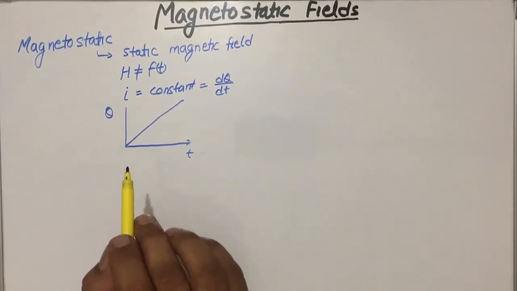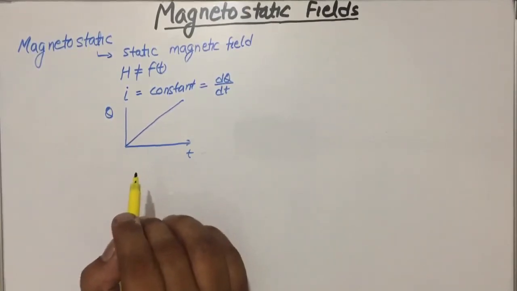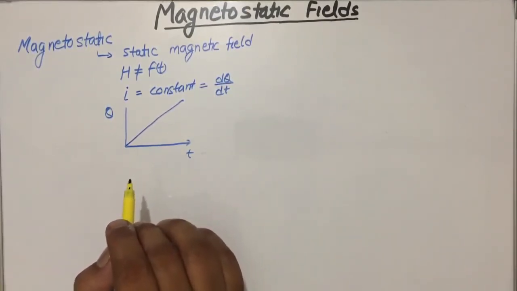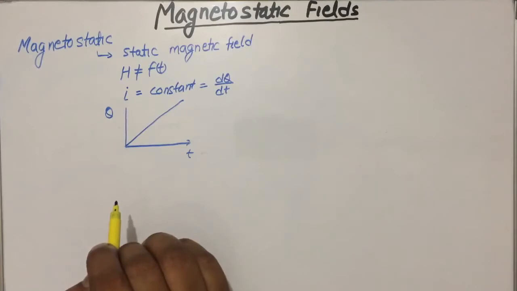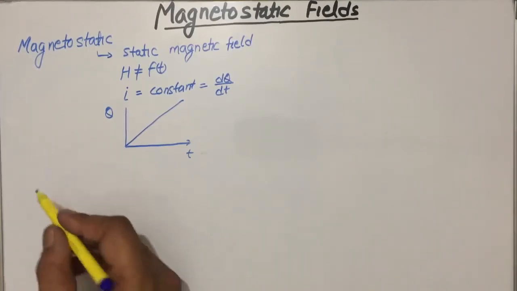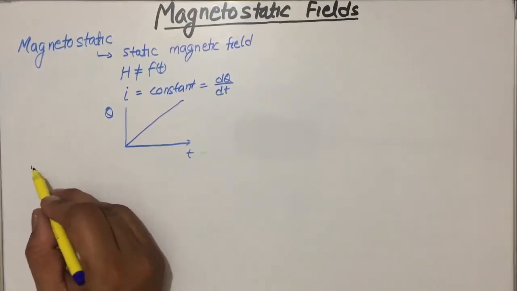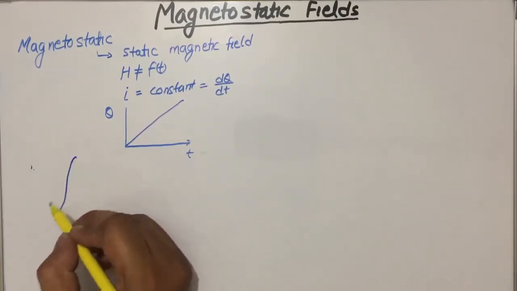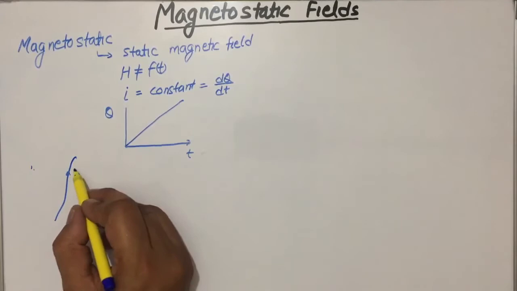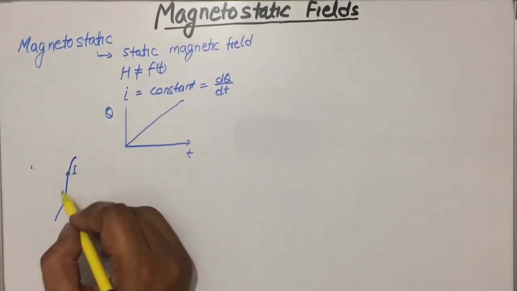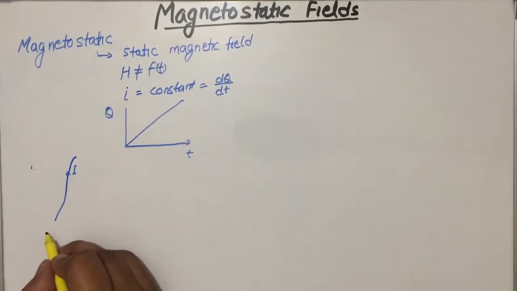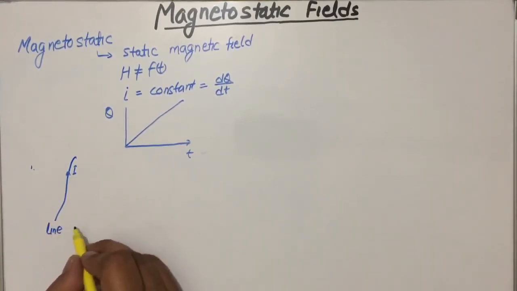It is observed by scientists that a current carrying conductor generates a magnetic field. The possible source, the current carrying conductor, can be of three types. The first one is the line conductor. This is our line conductor which is carrying current I in this direction.